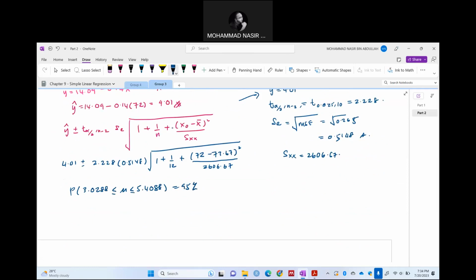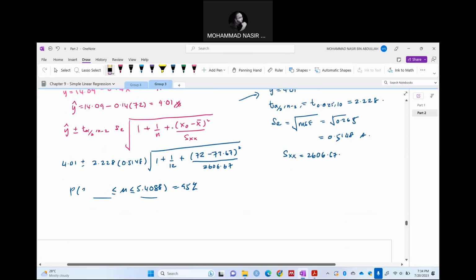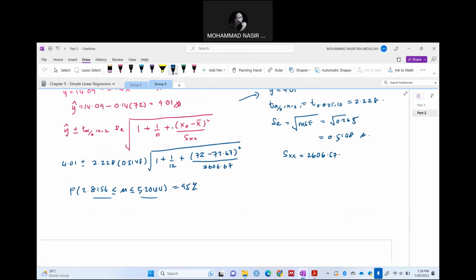I think mine is a little bit wrong. Right. Calculate again. This is not really accurate. 2.81. 2 point. Upper confidence limit. 5 point. Okay. So we have 95% confidence that the prediction interval will be between 2.8 and 5.2.